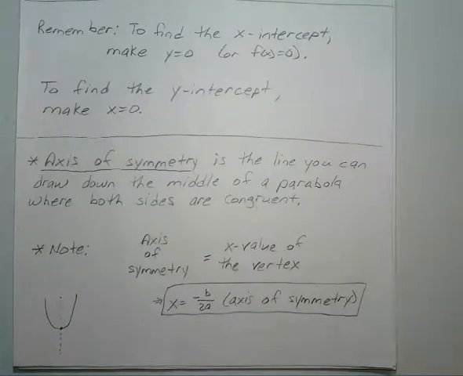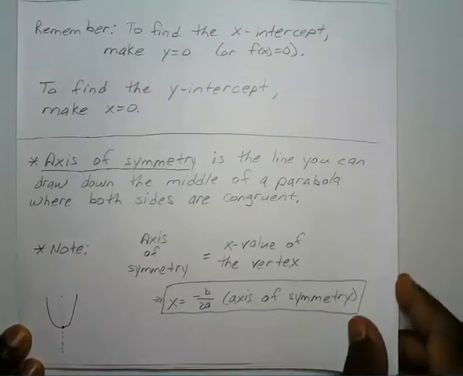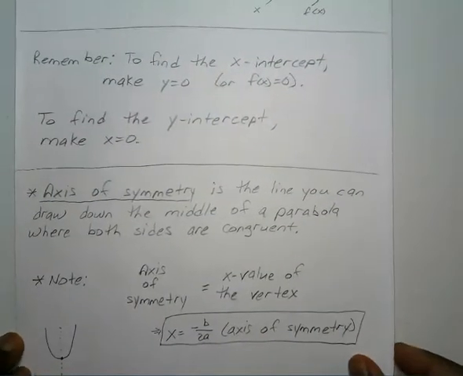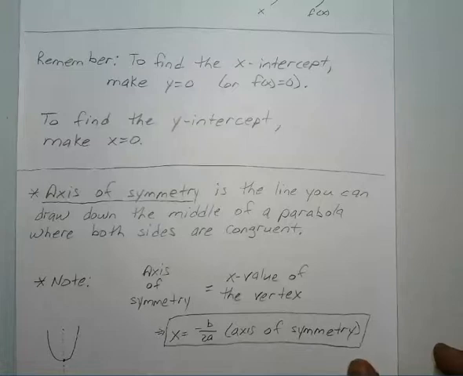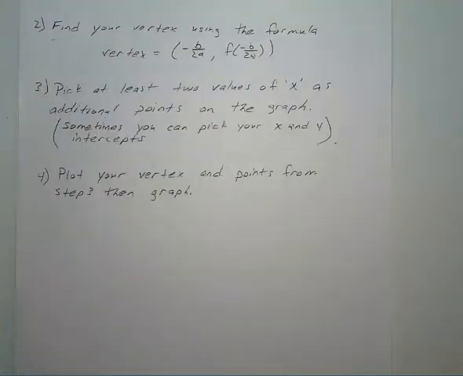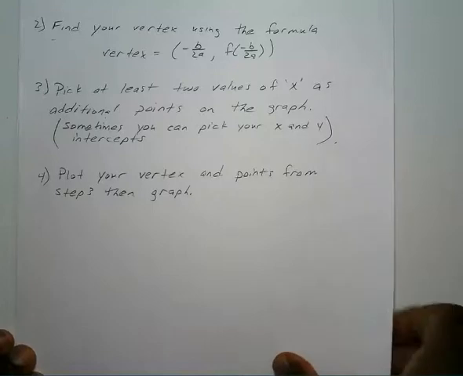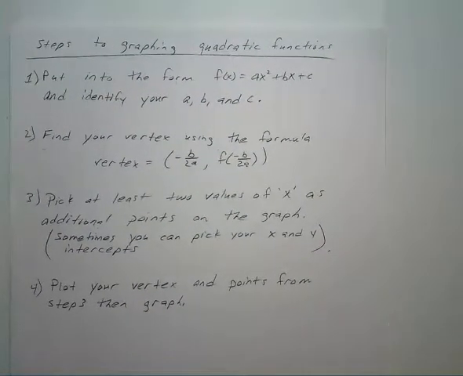All right, let's go to our first set of steps in order to draw our graphs. Again, if you're still writing, feel free to press pause, but we're going to go ahead and move on to our steps for graphing quadratic functions.